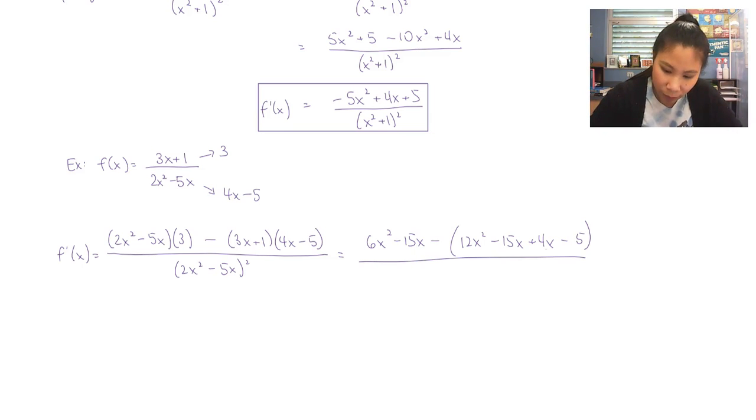So that's what I get from FOILing. And then distribute my negative on top. Oh, I could have combined like terms too, but we'll take care of that.